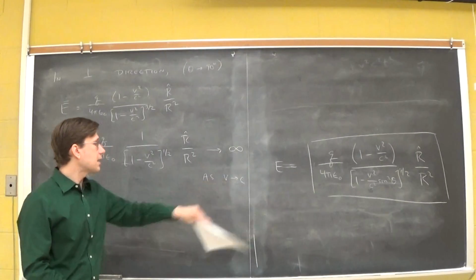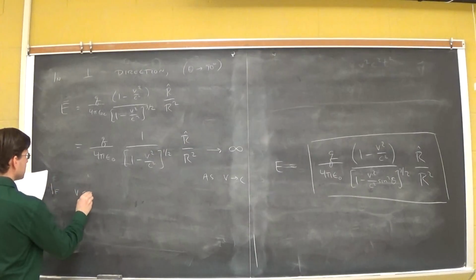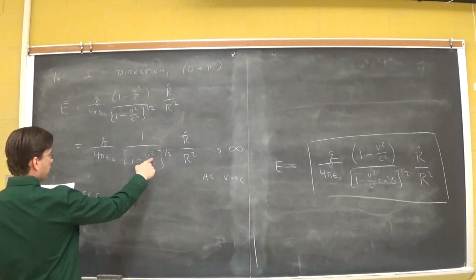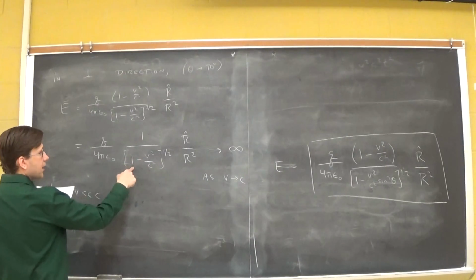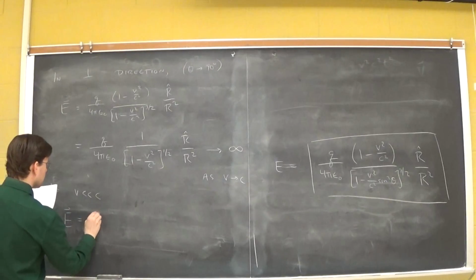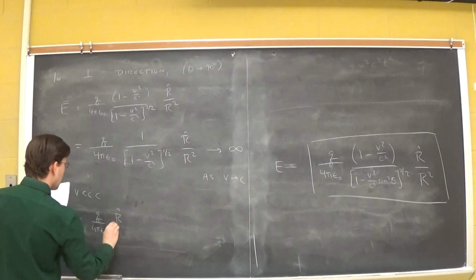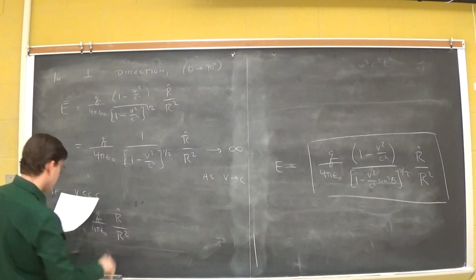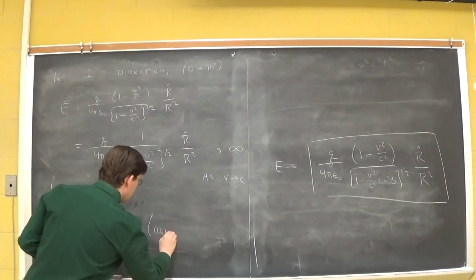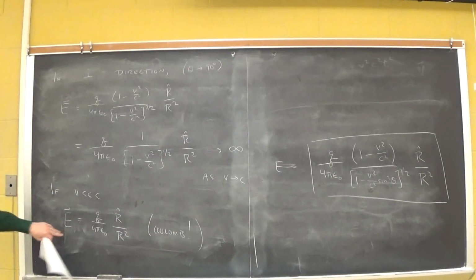But if v is not going towards the speed of light, so if v is much, much less than c, then look what we end up with. If v is much, much less than c, then this 1 dominates here, and we just have that the electric field is equal to q over 4 pi epsilon naught times r hat over r squared. And once more, we have the Coulomb electric field.